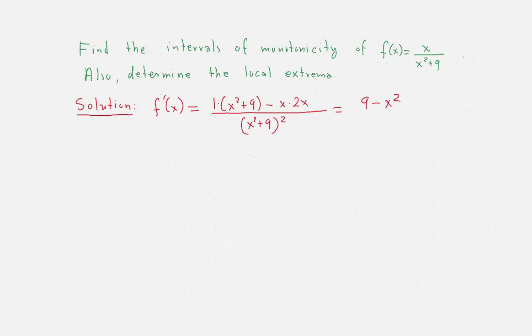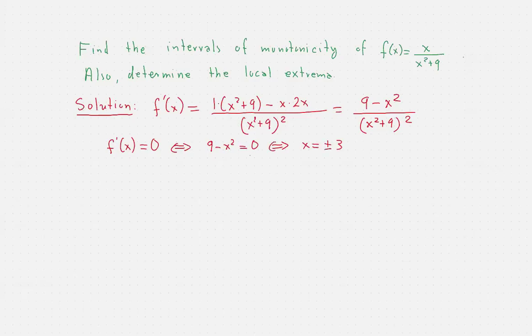So if we set this equal to 0, then we get that the numerator is equal to 0, which means that x is equal to plus or minus 3. Okay.